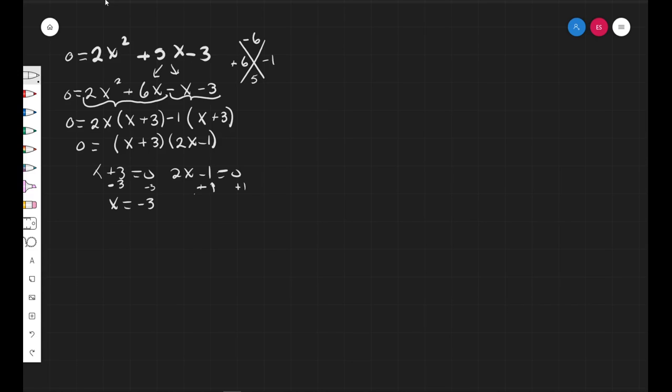So we get 2x equals 1. X equals 1/2 when we divide both sides by 2. So if we're factoring to try and solve this quadratic, we get that x equals negative 3 and x equals 1/2.